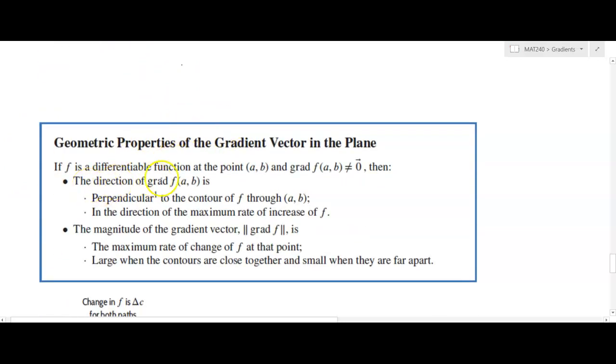If f is a differentiable function at the point (a, b), in other words, it's continuous, the limits exist on that interval, and the gradient vector is not the zero vector.